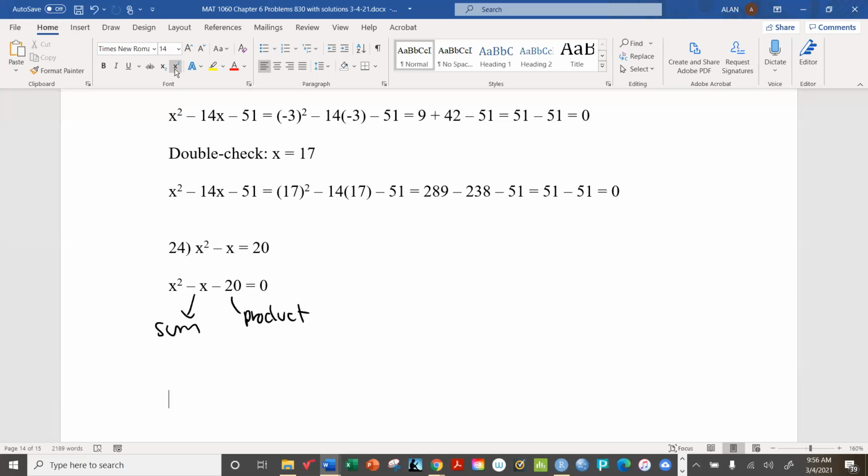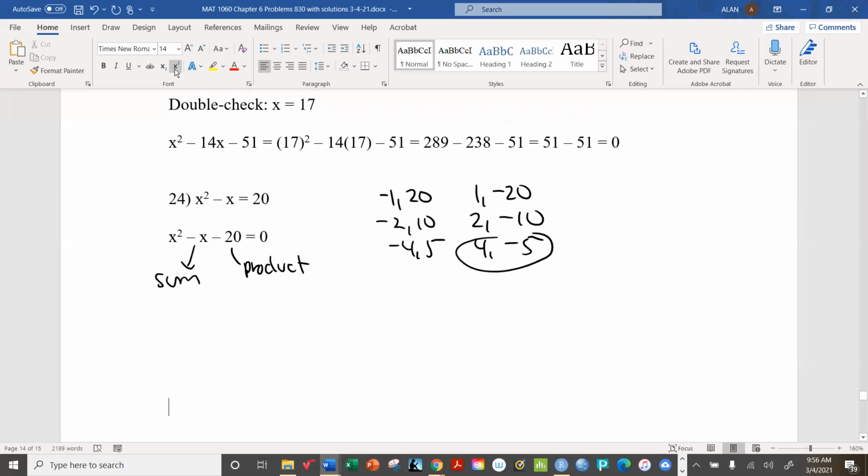Okay, so we'll start with negative 1 and 20, negative 2 and 10, negative 4 and 5. And so we need negative 1. That would be these two. So the factors are x plus 4, x minus 5.